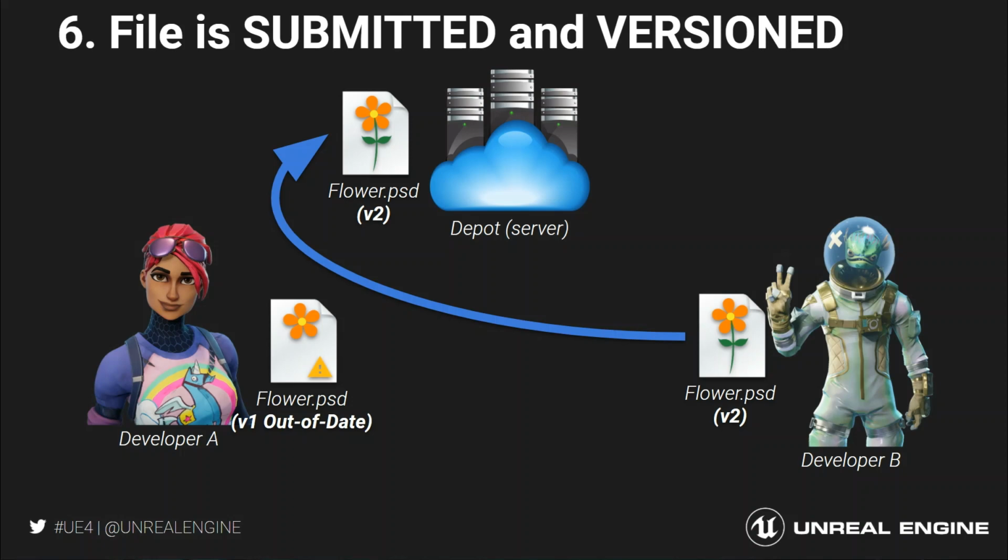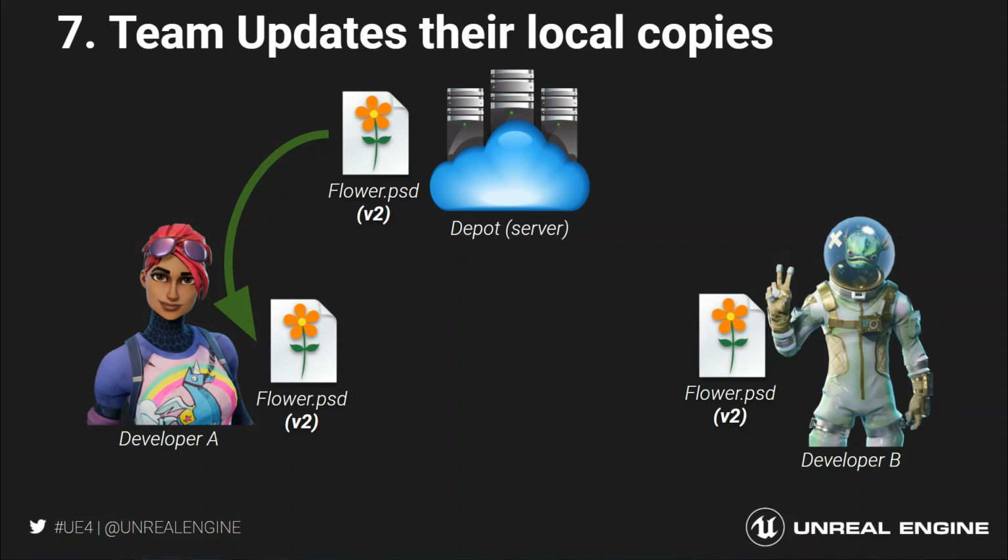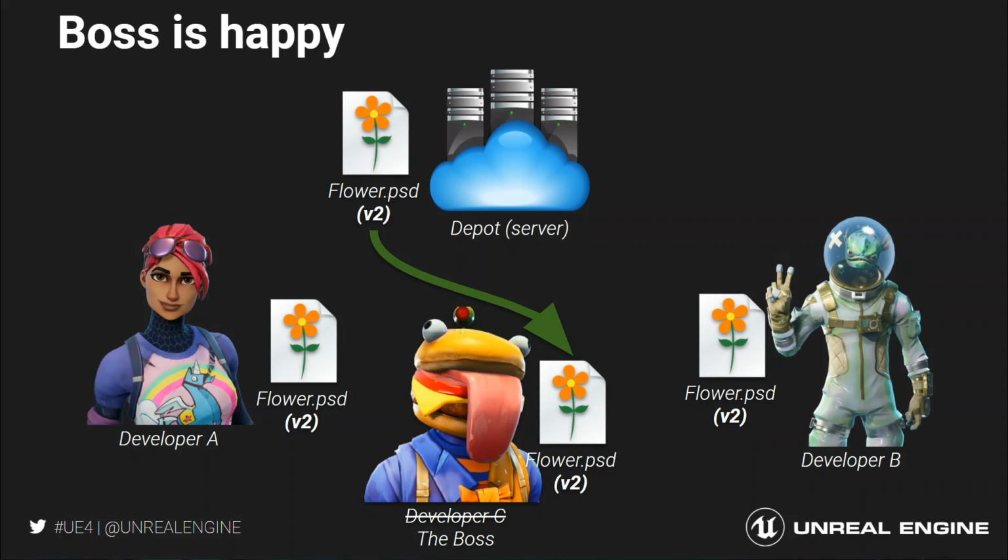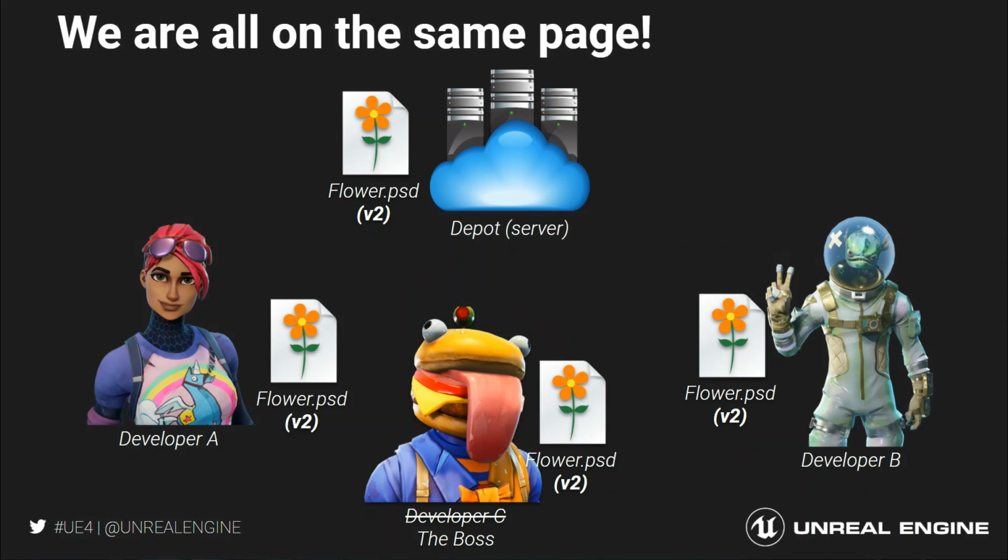So developer A simply has to update their local copy, and it will overwrite their local version 1 with version 2 of flower.psd. And of course, other members of the team at any point can download the latest version of all the files. In this case, the boss downloaded the file and checked it out, and everyone's happy and on the same page.